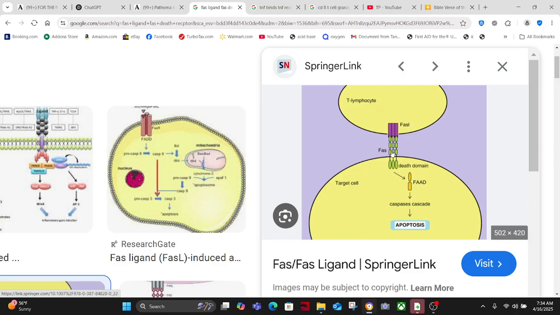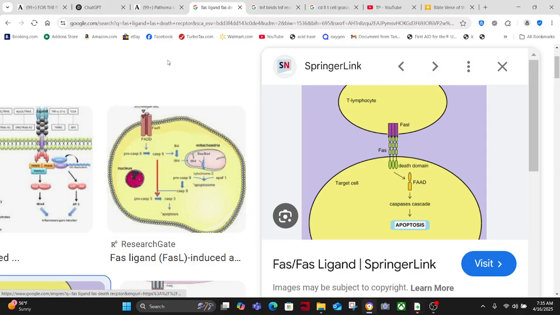That Fas ligand binds with the Fas receptor on the cancer cell, and when that happens, caspases are activated, and this target cell dies. This cancer cell will die. So whichever cell the caspases are activated in, that cell will die. Next we have tumor necrosis factor binds.